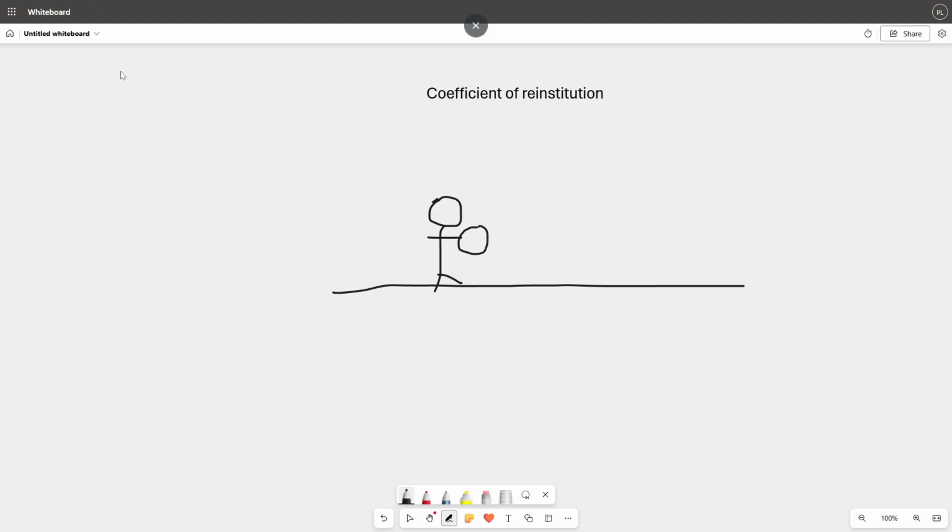Basically, the reason is that before the ball is released to the ground, potential energy is stored.